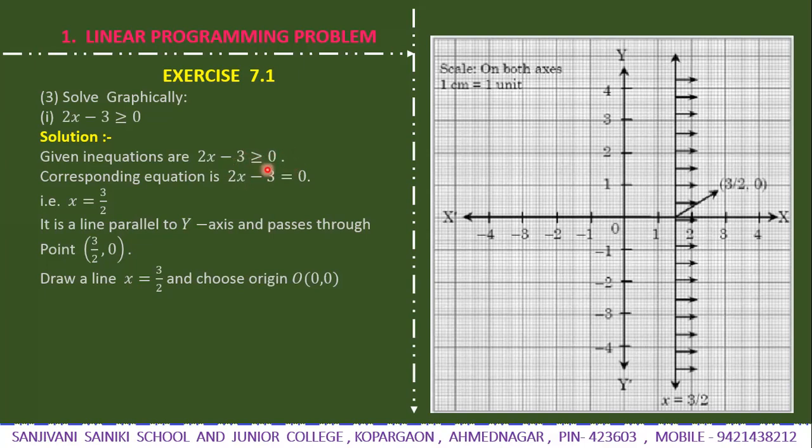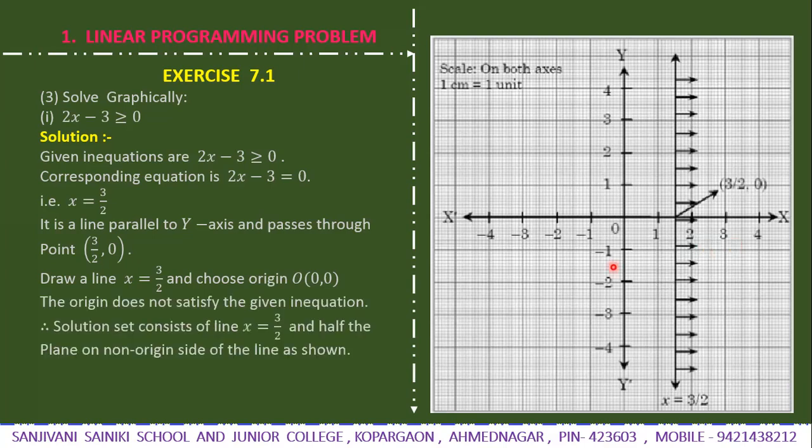Minus 3 is not greater than or equal to 0. So the origin doesn't lie in the solution set. So obviously the part which lies to the right side is the required solution set. So the solution set consists of the line x is equal to 3 by 2 and the half plane on the non-origin side of the line as shown.